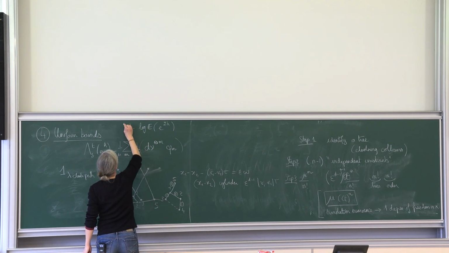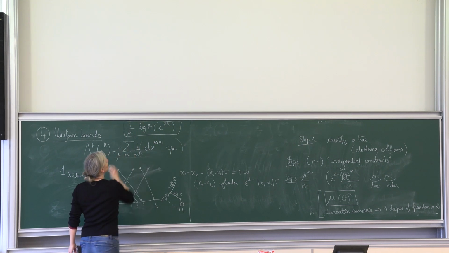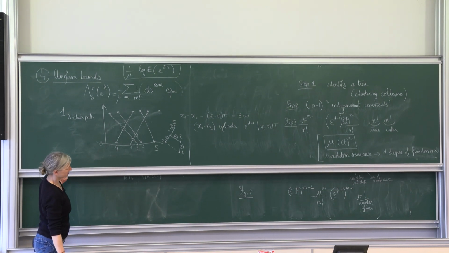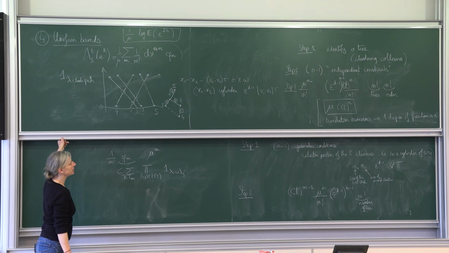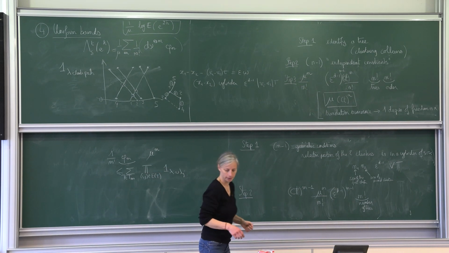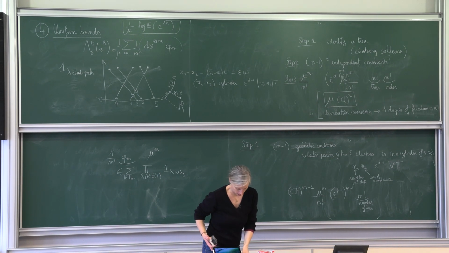Okay, that should be the right definition. I don't remember whether I put this 1 over mu at the very beginning or not. Okay, so that's the way you get uniform bounds.